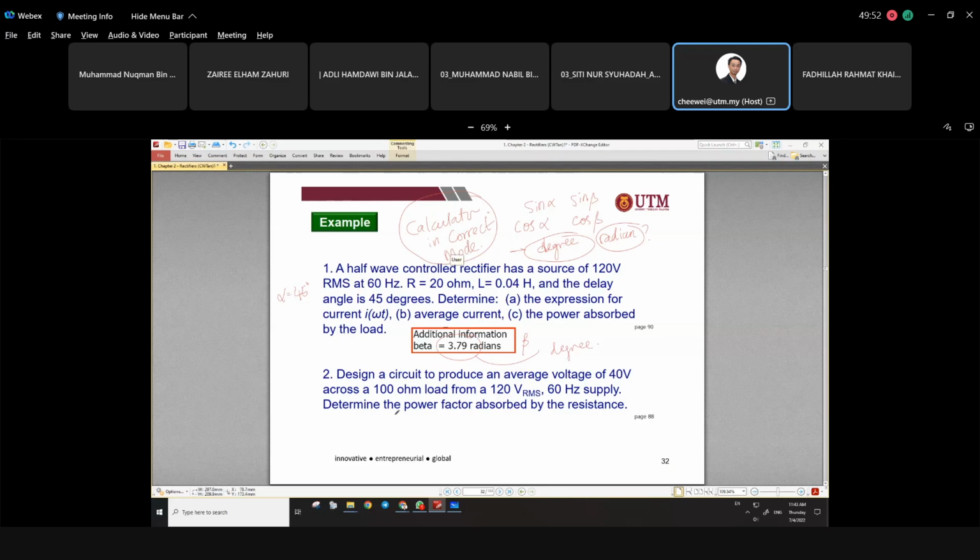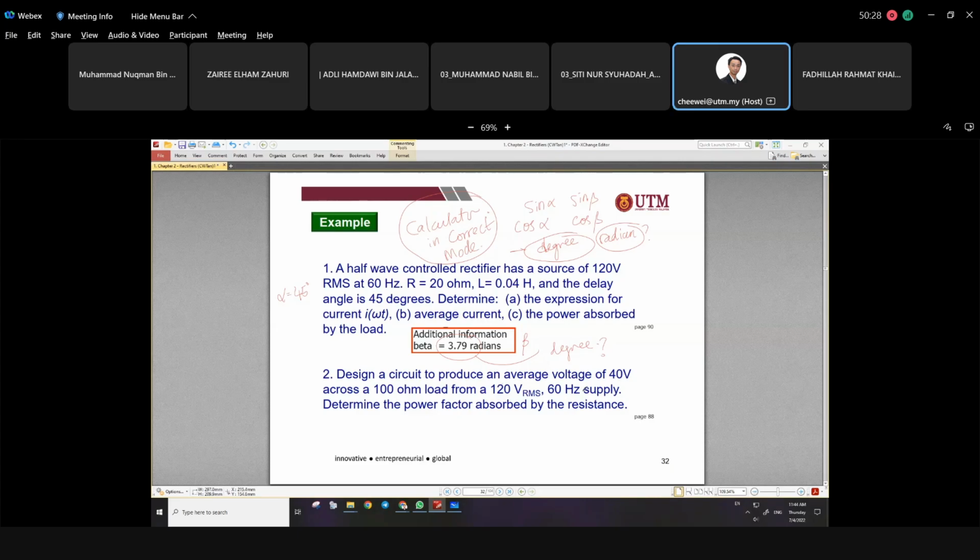How do we change 3.79 radian to degree? Anyone can help? How? That is important, how to do it. Anyone? Nobody here?